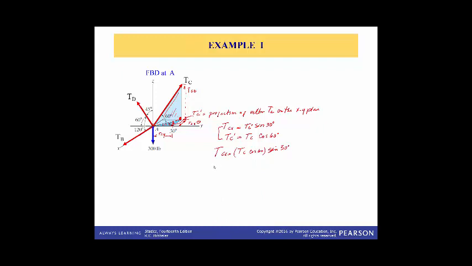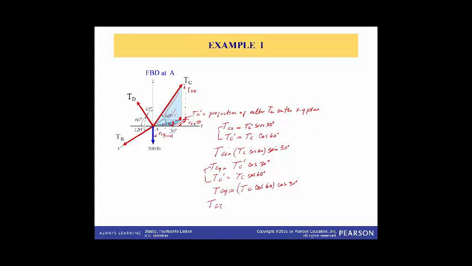And then we follow the same procedure for TCY. TCY in this case is TC prime, but then it would not be the sine, it would be the adjacent, the cosine of 30 degrees, and of course we know TC prime is TC cosine of 60. So we combine these two, and TCY equals TC cosine of 60 times cosine of 30 degrees.